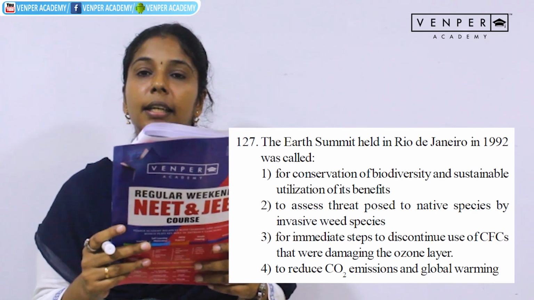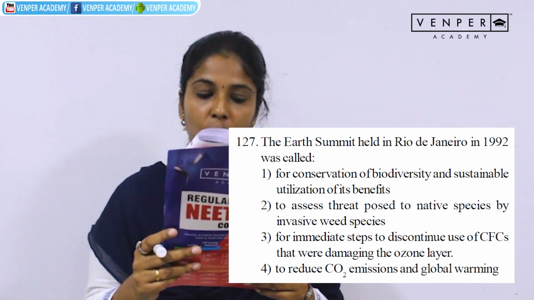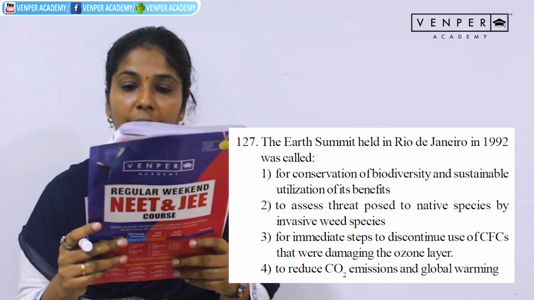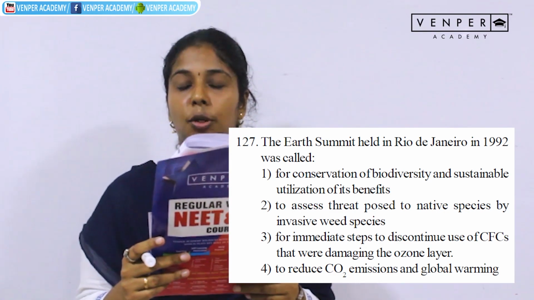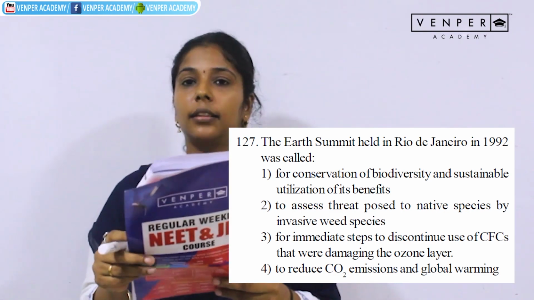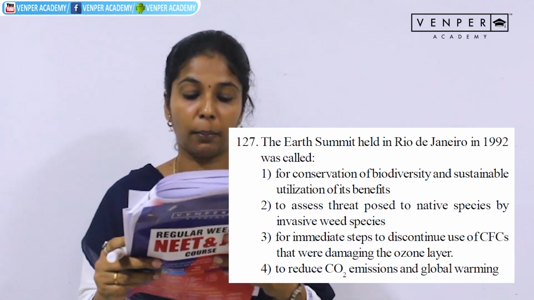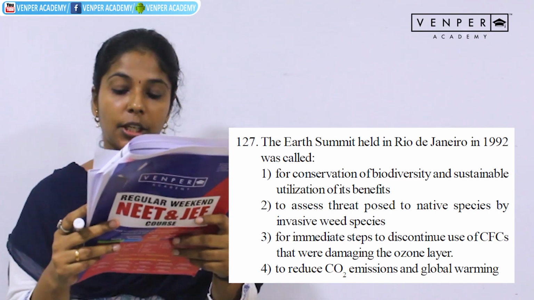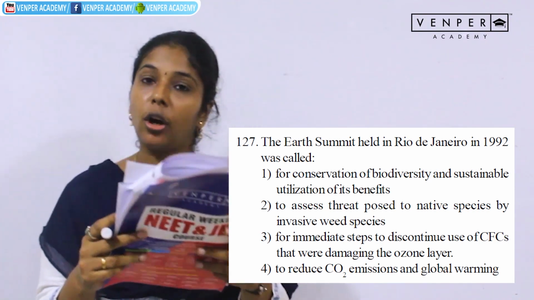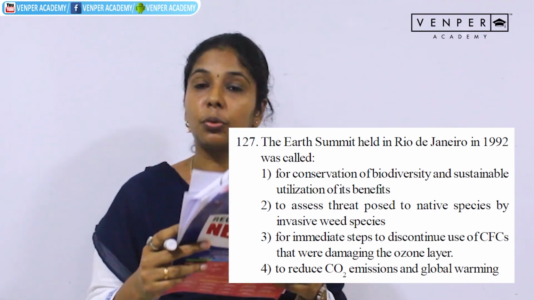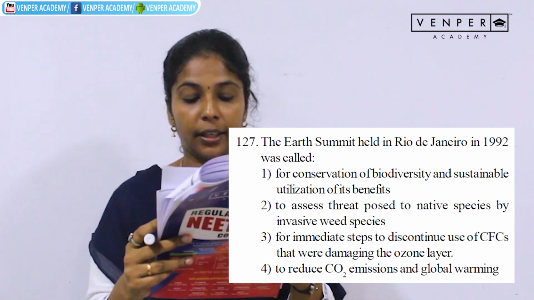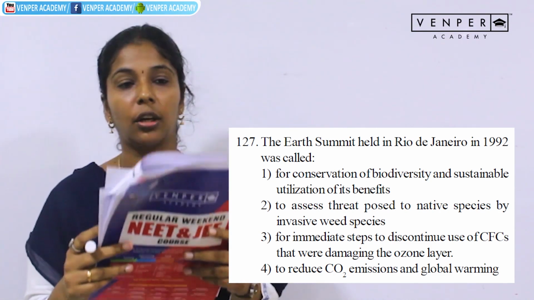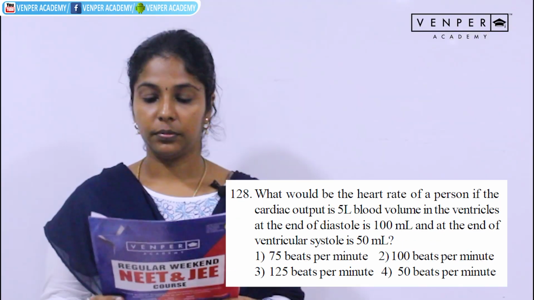The Earth Summit held in Rio de Janeiro in 1992 was called for the conservation of biodiversity and sustainable utilization of benefits. So the correct option is option number 1. The historic Convention on Biological Diversity called upon all nations to take appropriate measures for conservation of biodiversity and sustainable utilization of its benefits.